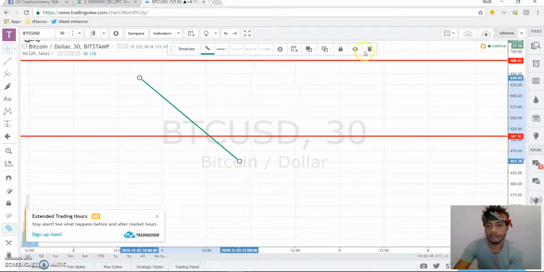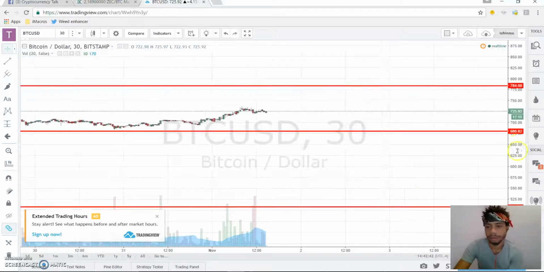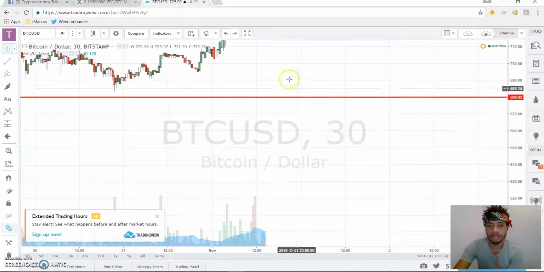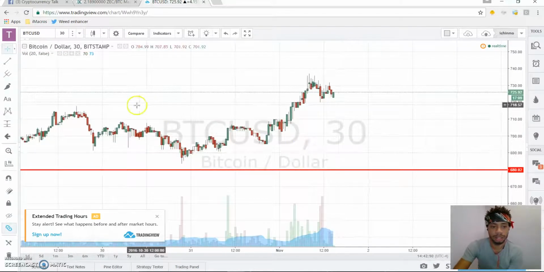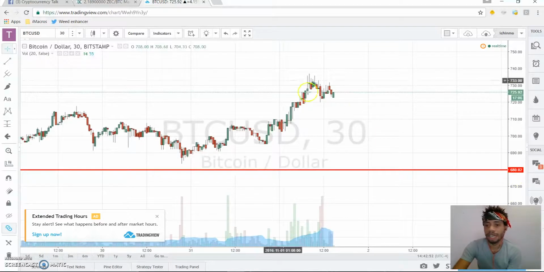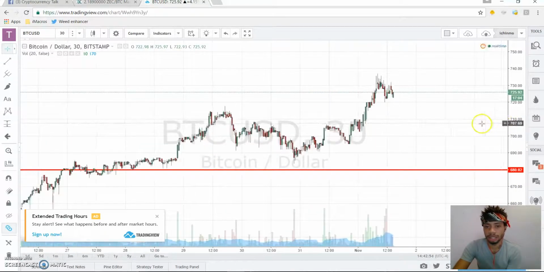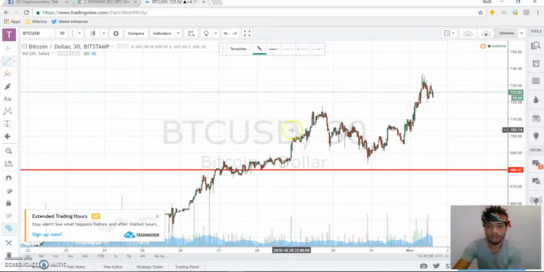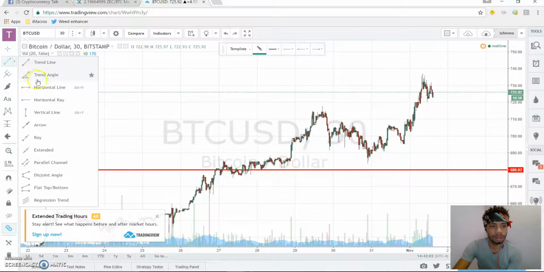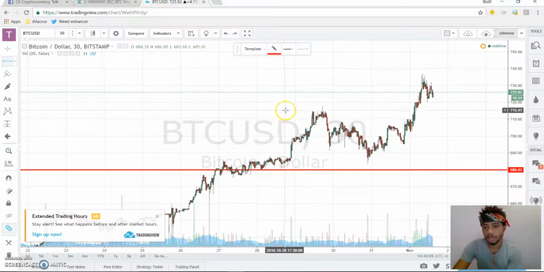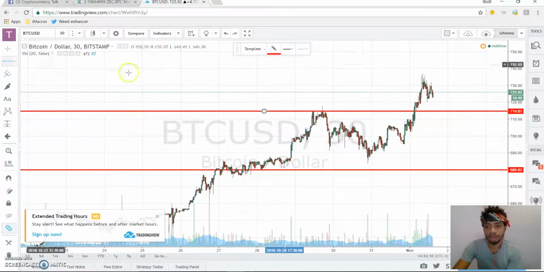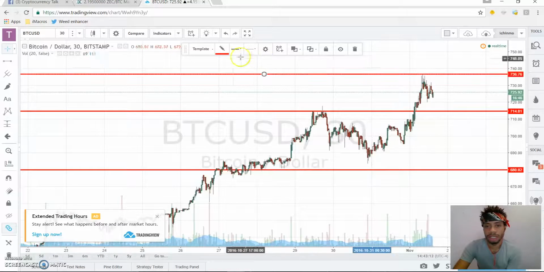Now we can do a trend line. Matter of fact, let's find the support and resistance in this. Let's put that right there. We'll put this here. Let's make these a different color because I'm going to zoom out real quick.